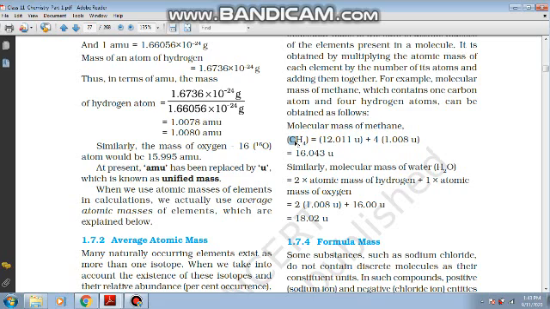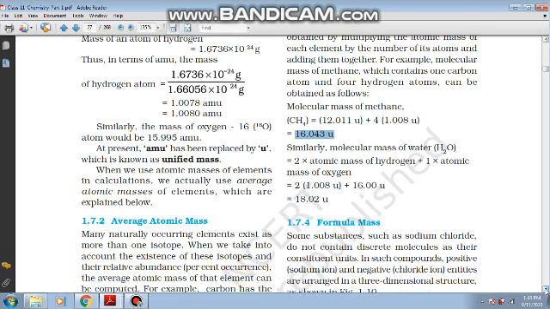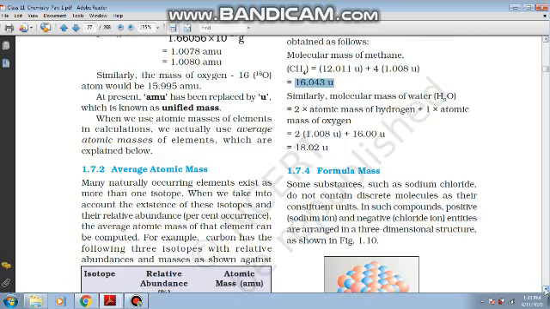That means one carbon is there, so its atomic mass should be multiplied only once. Then 4 into atomic mass of hydrogen, that is 4 into 1.008. And here you come up with 16.043 unified mass of CH4. And in the same way, we can find out the molecular mass of any species, like you people have been doing since your class 9.